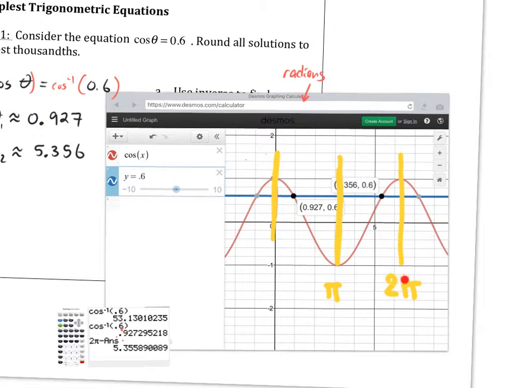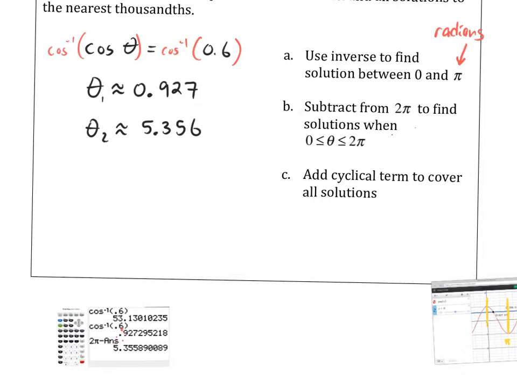So what did I do? I subtracted that from the 2 pi. Because remember, this is cyclical. Every 2 pi, it repeats the entire process. And because of every 2 pi, it repeats. Notice that one solution is this. Then another solution is you add 2 pi to it to get to the next cycle.